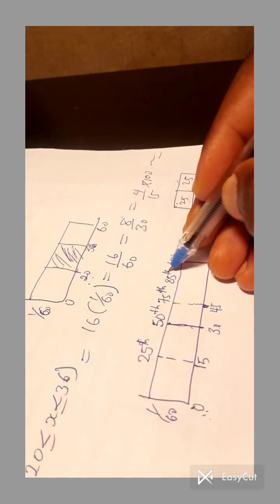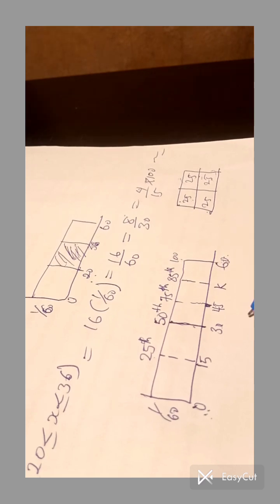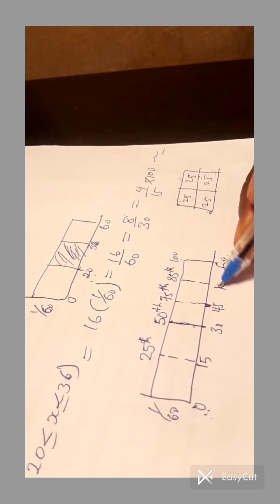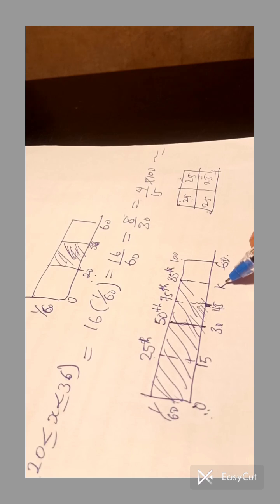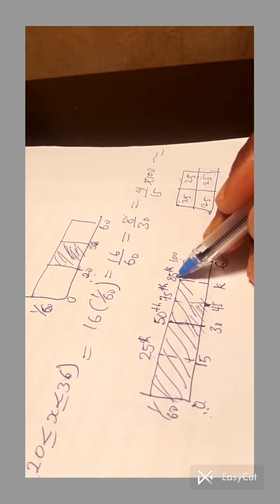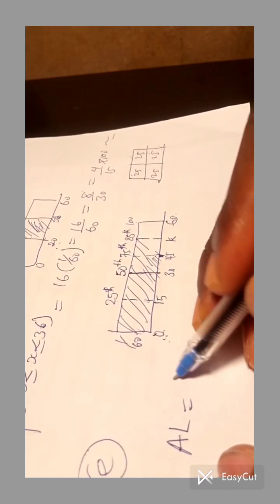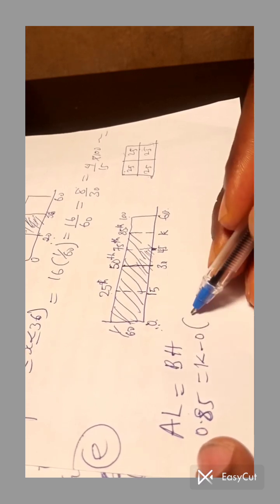So let's call the 85th percentile K, or any letter at all. The area to the left is base times height, so 0.85 equals the base, K minus 0, times the height, 1 over 60.